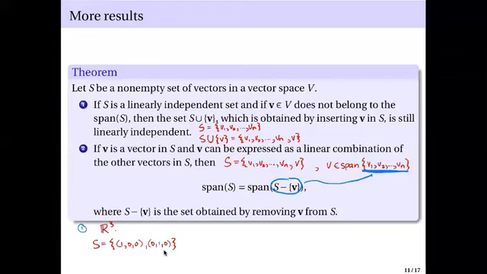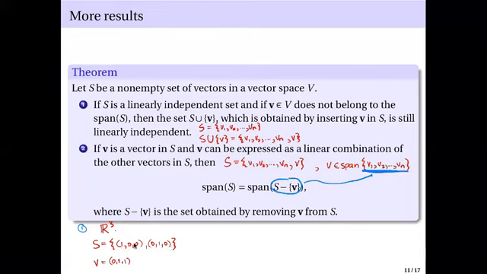And then you let your V be the element 0, 1, 1. Take note, you have S 1, 0, 0, 0, 1, 0.